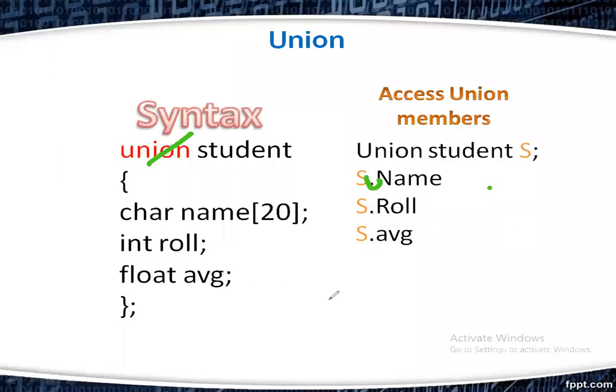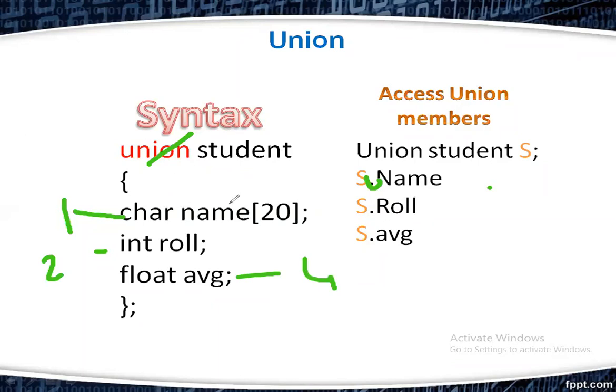But let us verify what the difference is. You already know how many bytes a character occupies: one byte. Integer occupies 2 bytes. Float occupies 4 bytes. Here student is a collection of three members: name, roll number and average.